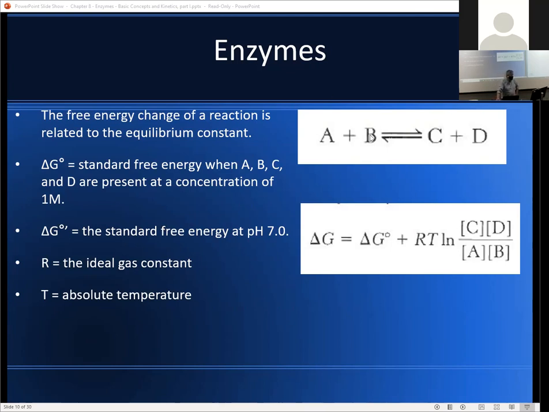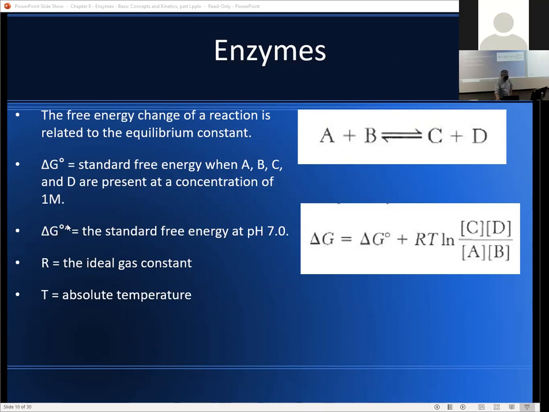So if we set up a reaction where we have A, B, C, and D all together in concentrations of 1 molar, the change in free energy is delta G with the little degree symbol.